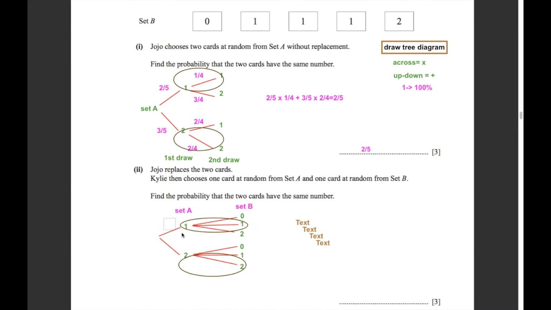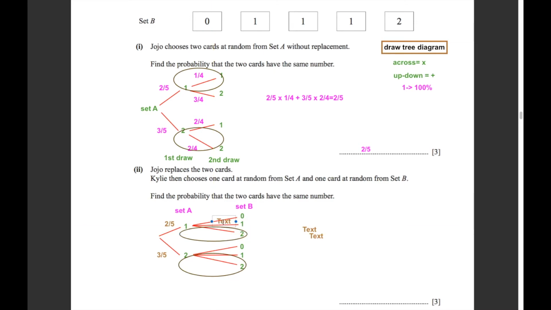So probability of getting 1 from set A, A1, is like before, 2 out of 5. And then A2 would be 3 out of 5. Now, probability of getting a 0 from set B is 1 out of total 5. Oh, we don't need that actually. Let's just focus on the ones that we have. So probability of getting a 1 from set B is 3 out of 5.